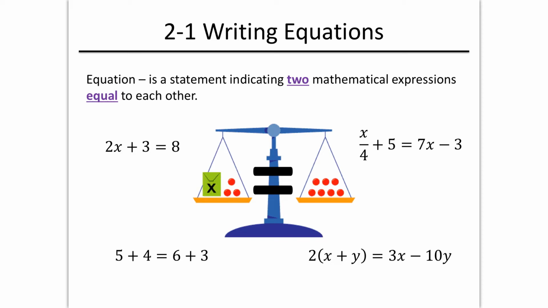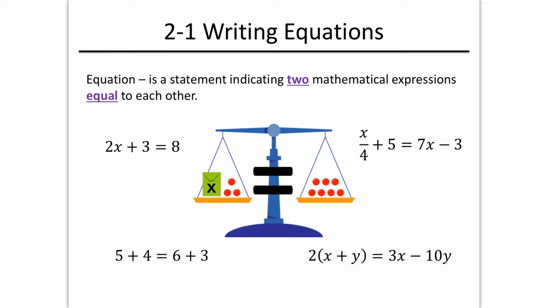When you have 4 inside and 3 over here, that's going to be 7, and that's equal to the right side of the scale. So the number that x has to equal is 4. That's the idea. You want to find a number for the variable that will have a balance on that scale.